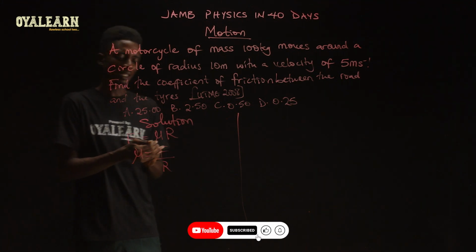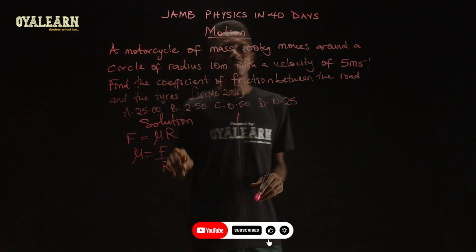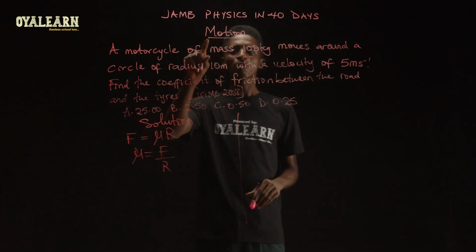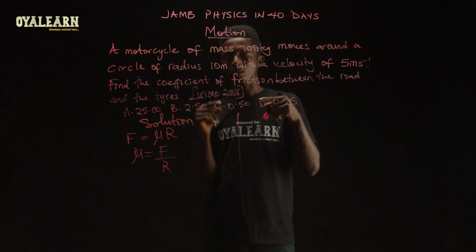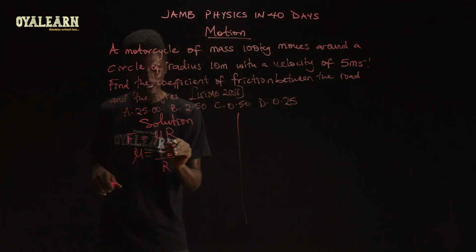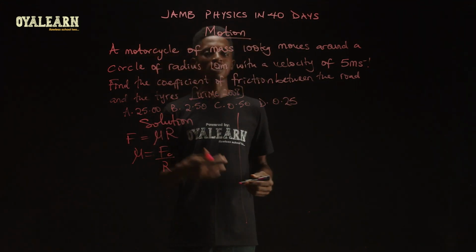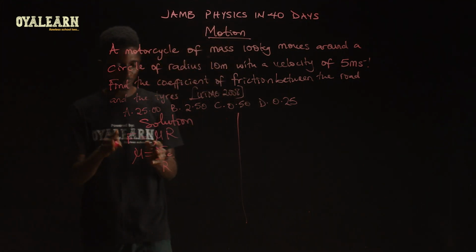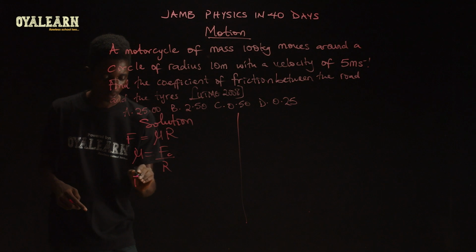Now take note, this F here would be the force acting on the bike in the direction in which it is traveling. And that force is the centripetal force, right? So we're going to be looking for Fc here. And normal reaction is just the mass of the bike times acceleration due to gravity. So let's break it down one after the other.